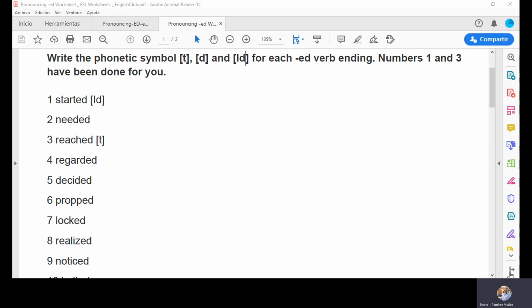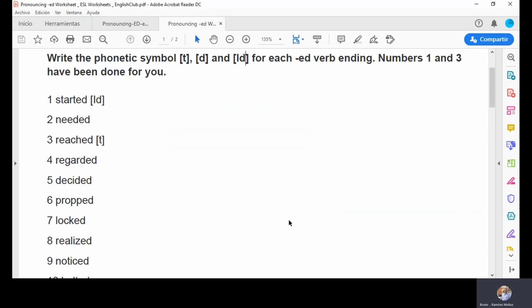So hopefully you have already received them, and the one that we're going to be focusing on now is the one that says pronouncing ed worksheet, ESL worksheet, which is the first one, the one that I'm sharing with you.